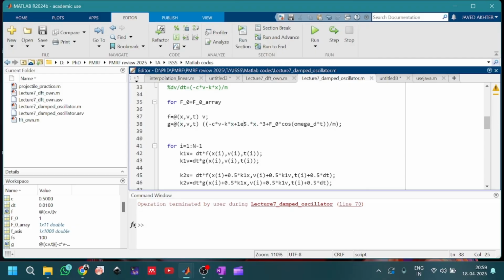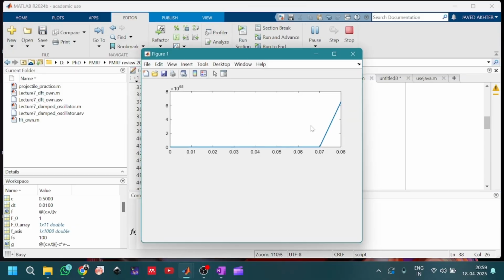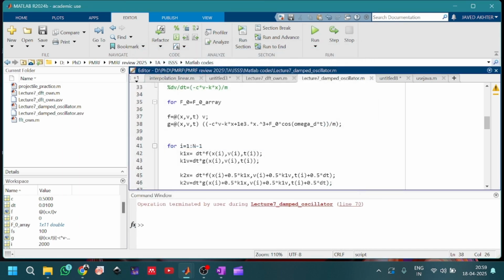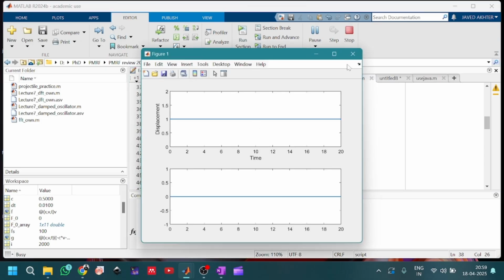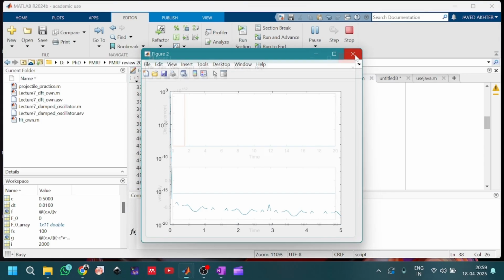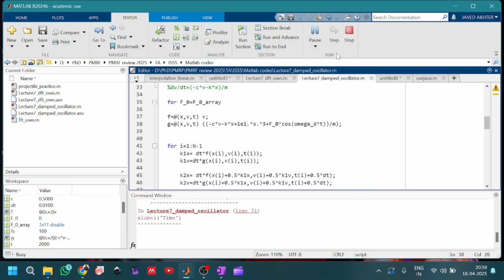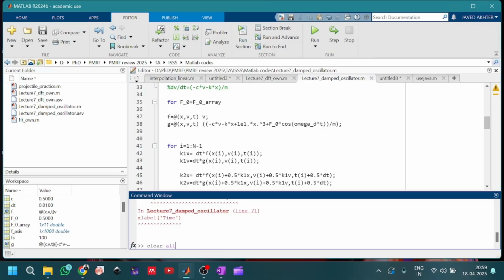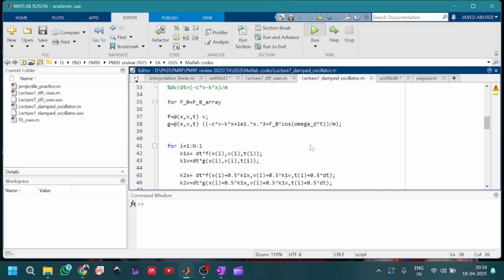So it should be less than 5, and if I run it, it is still diverging. In the next lecture, we will learn about this nonlinear oscillator system, and how nonlinearity can arise in such a system. For now, let me just clear all, clc, and run it once again.